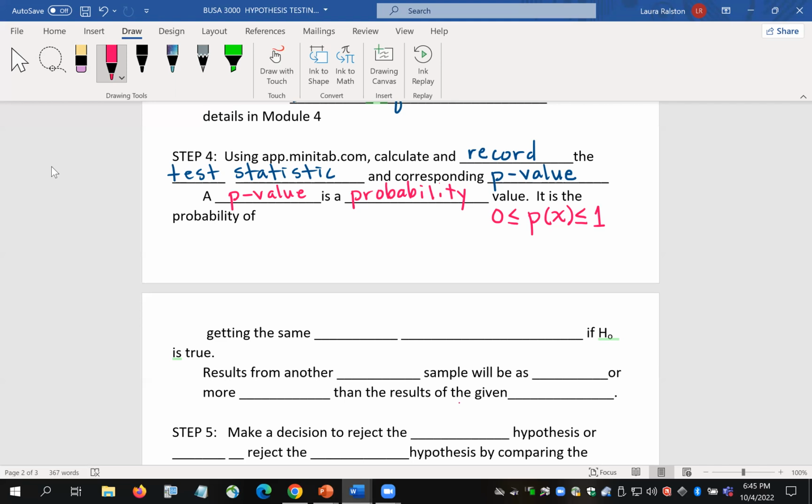Now, it's a probability value, but what is it the probability of? It is the probability of getting the same test statistic over and over and over if the null hypothesis is really true. Remember, we assume in the beginning that the null hypothesis is true, just like we assume a person is innocent until proven guilty.